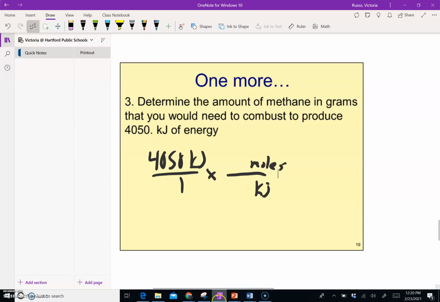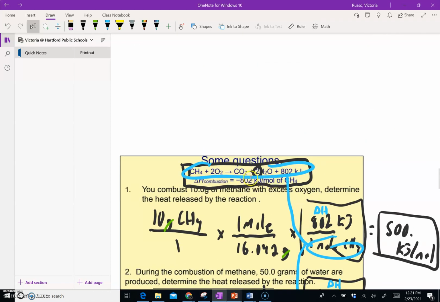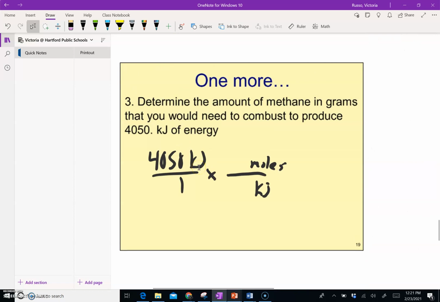We know, based on the equation, that 802 kilojoules is released per 1 mole of methane. So kilojoules cancel, and we're left with moles.